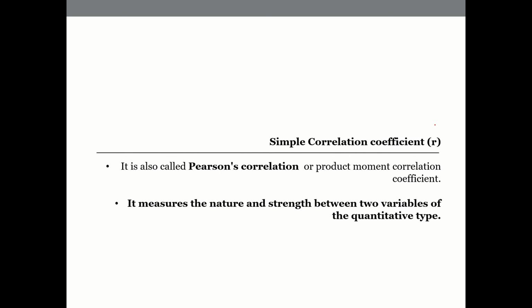It is represented by R, and you probably have come across it when you read papers. They say the R value of this relationship is 0.7 or 0.8, or negative 0.3. So R is nothing but the degree of relationship, which tells us the degree of relationship.